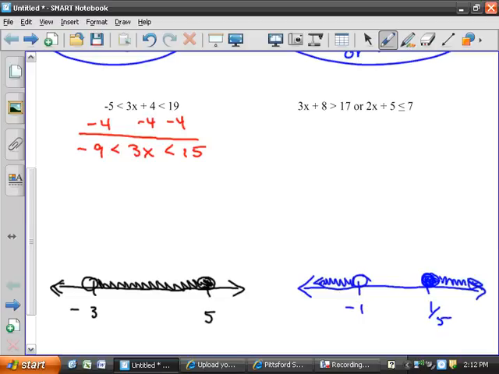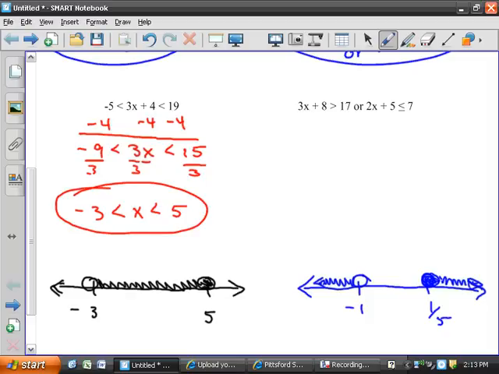I still want to get x by itself, so I need to divide everything by 3. I'm not dividing by a negative here, so I don't need to flip any inequalities. When I do this, the middle is x, less than 5, and greater than -3. This is the algebraic solution to that compound inequality.